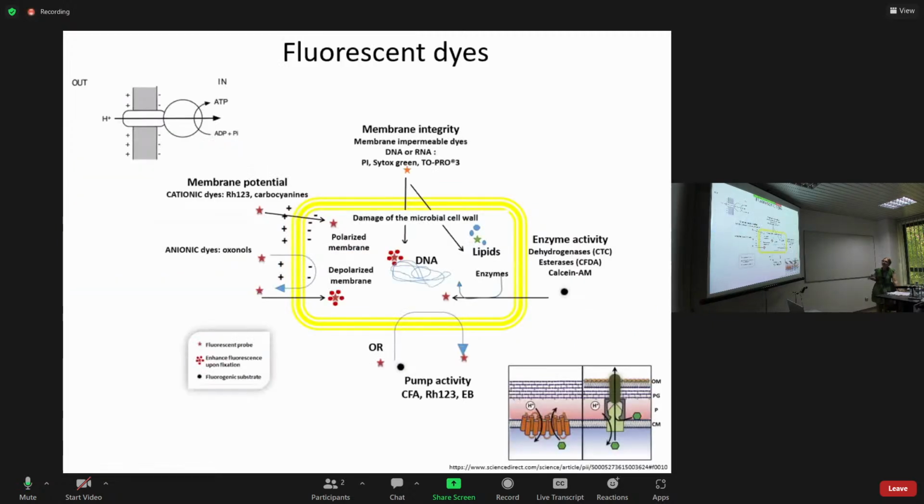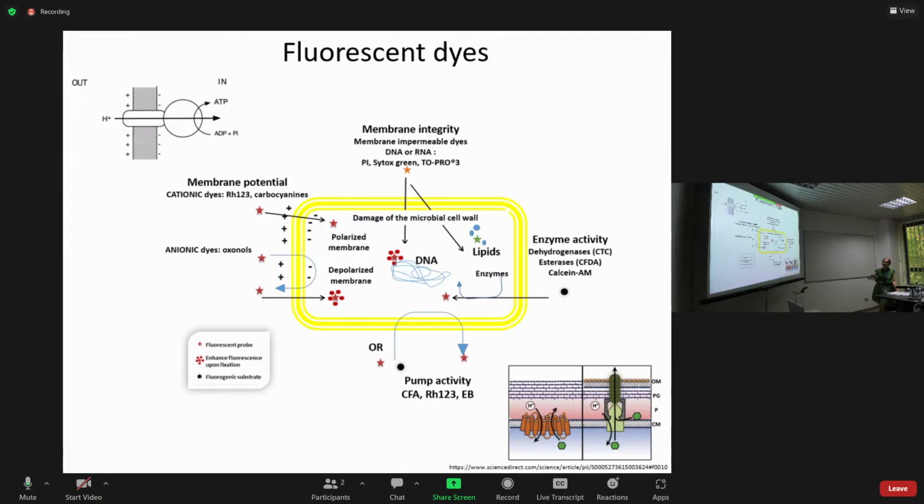And as fluorescent dyes, we can use for labeling the microbes the same fluorescent dyes that are used for marking the mammalian cells, like fluorescent dyes for membrane potential, for efflux pump activities, for enzymatic activity, or for bacterial cell envelope permeability and integrity, because this is a difference between membrane potential and membrane integrity.